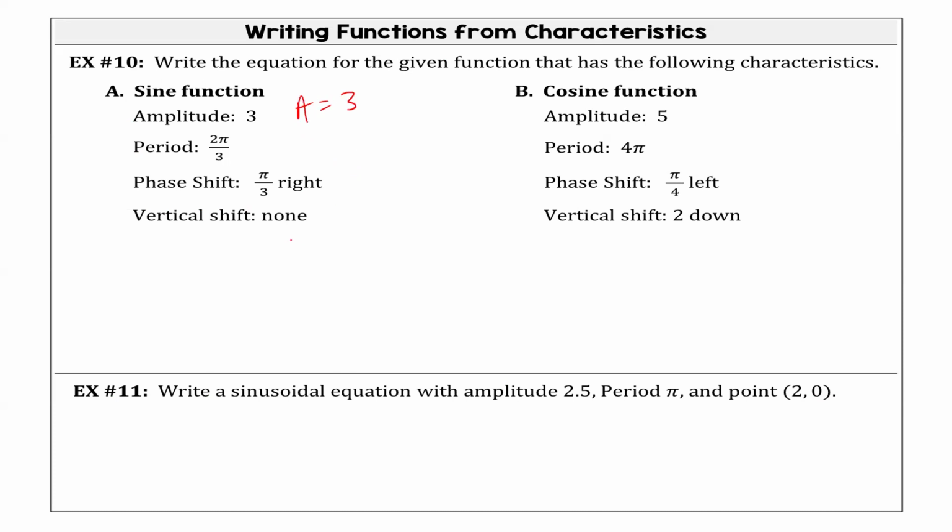Okay. How do we solve for our B? So your period is 2 pi divided by 3, right? So it's just going to be 3. So B equals 3. Yes. Phase shift.